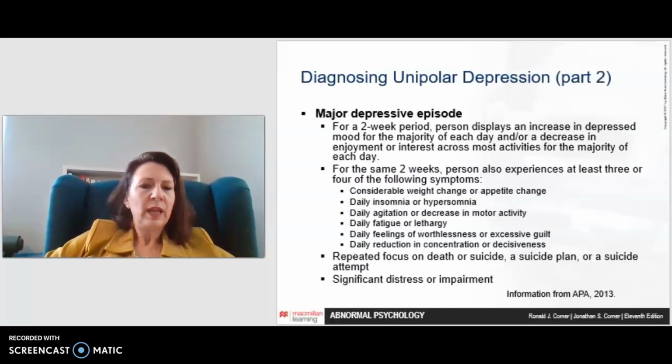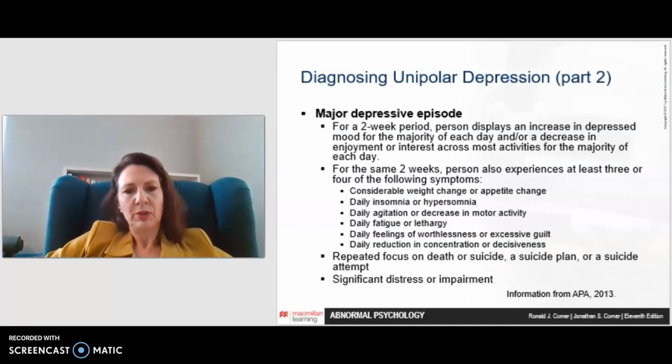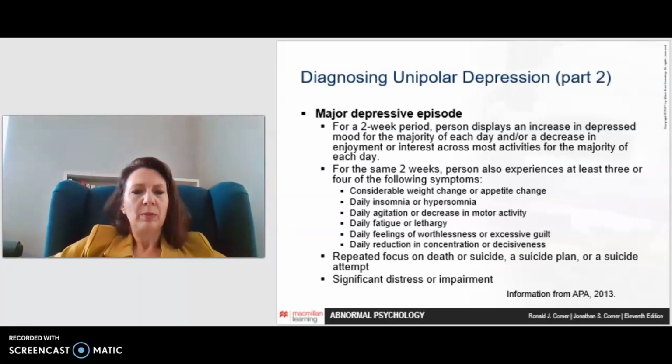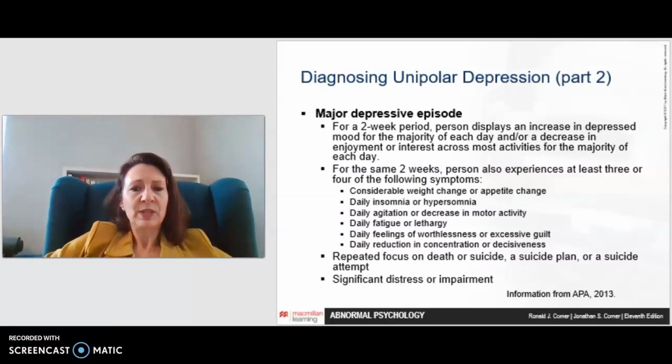When we're looking at a major depressive episode, which is the first thing that we'll talk about, we're talking about a 2-week period where a person displays an increase in depressed mood for the majority of each day, or a decrease in enjoyment or interest across most activities for the majority of each day.